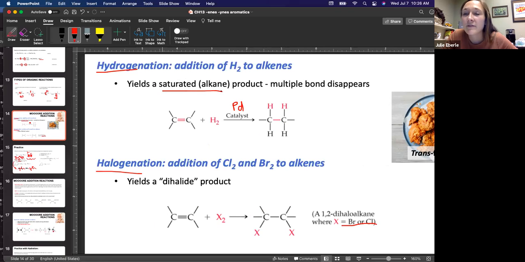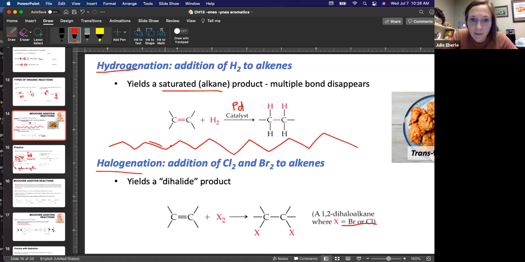Now, when we get to fatty acids, really long chains of hydrocarbons, they can look like this, like you just keep going for miles and miles. And sometimes fatty acids have multiple double bonds, okay?